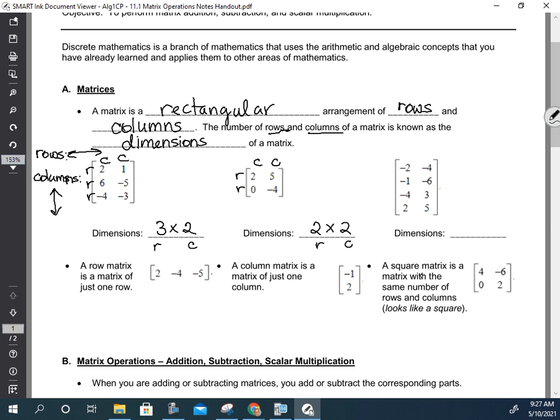For the third example, 1, 2, 3, 4 rows, 2 columns, 4 by 2. So remember, rows go left to right, columns go up and down.